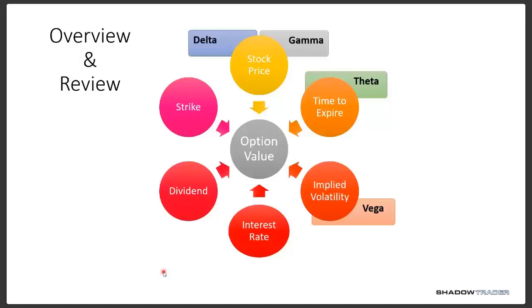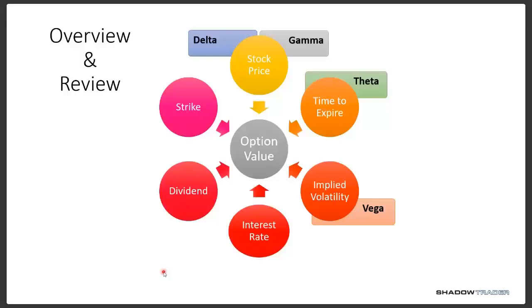Think of this as the velocity that the car is moving down the road. The faster, or the higher the implied volatility, the faster the velocity, or the quicker it will get to that level of being profitable.